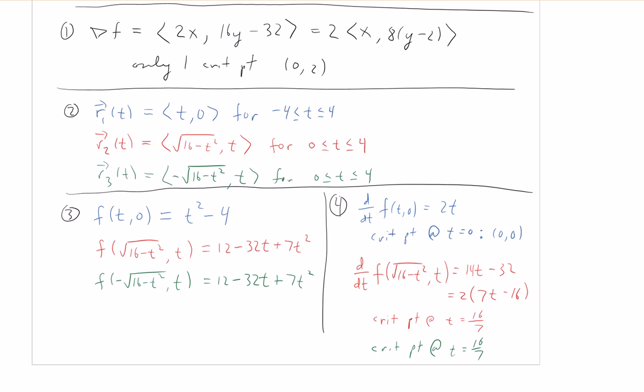And if you actually compute what this is, the point that we get is 4 over 7 times the square root of 33, comma 16 over 7. And so here, it's the same thing, but with negative x-coordinate.